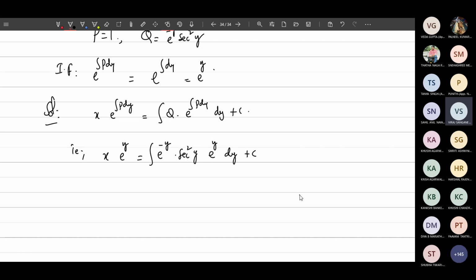Now you take the right side integration: these two get cancelled, so that this becomes x e power y equal to just integral secant square y dy, that is tan y plus c.